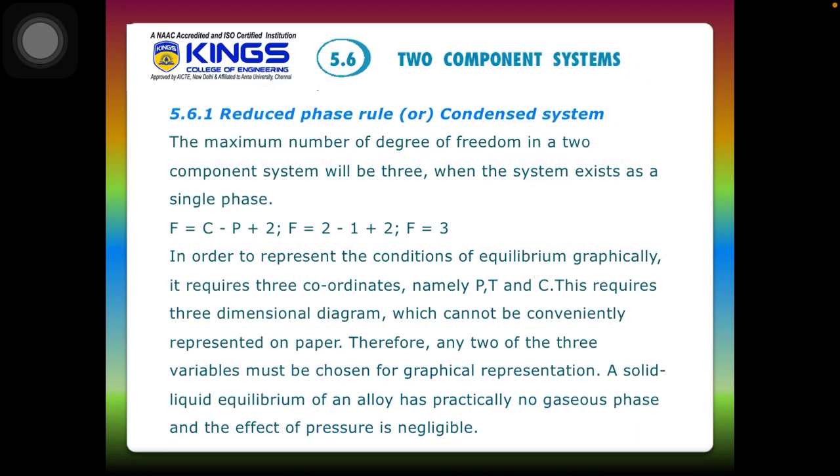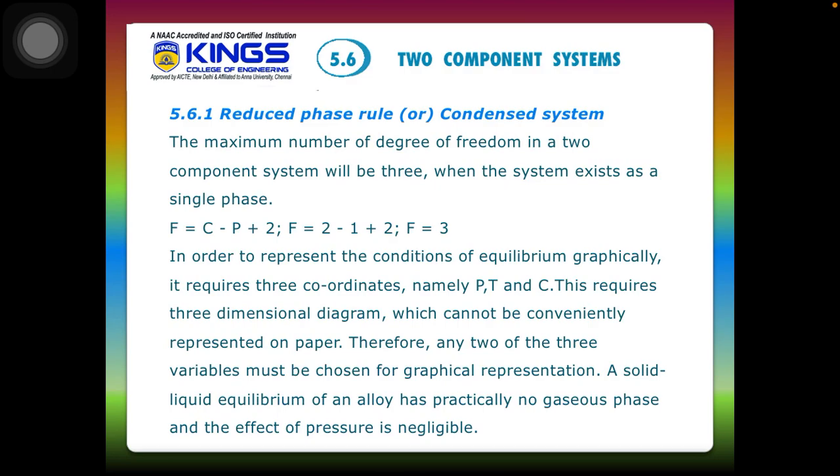In the two component system, we are going to use the reduced phase rule or condensed system, because the maximum number of degrees of freedom in a two component system will be 3 when the system exists as a single phase, that is F = C - P + 2.